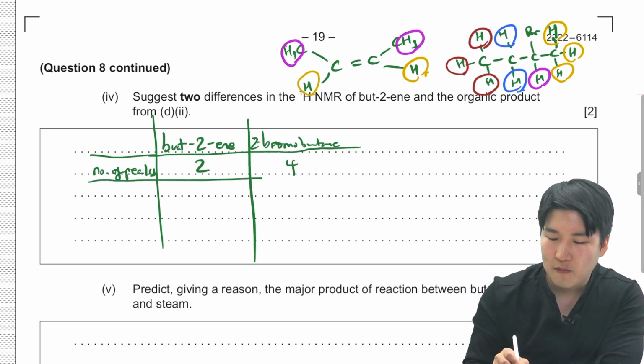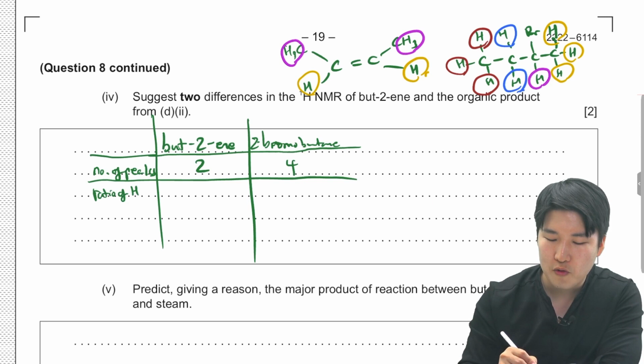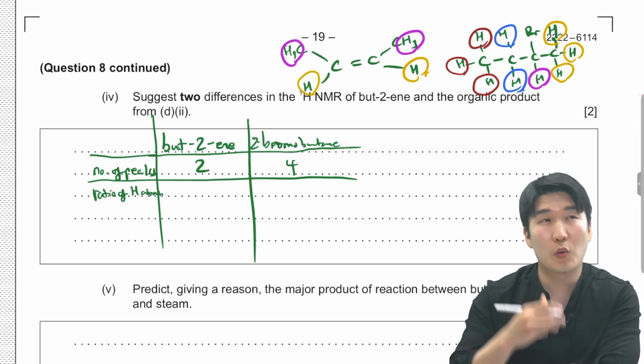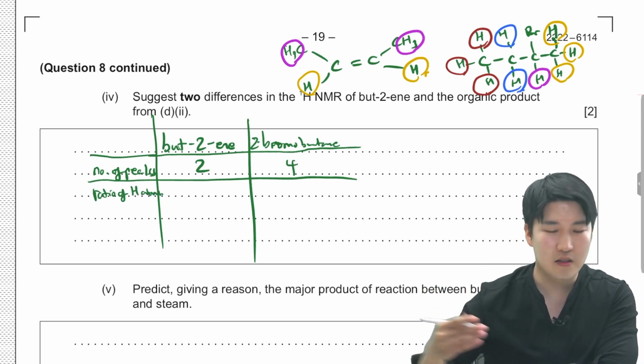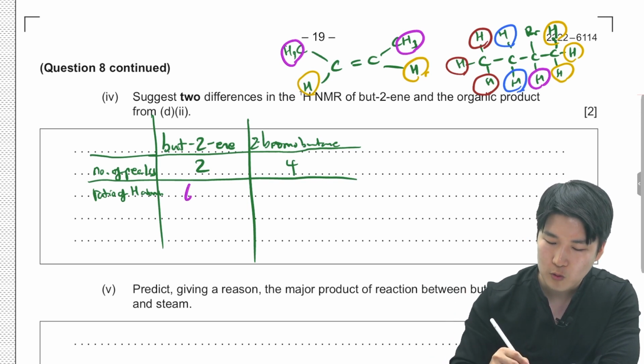There will be further discrepancies of ratio of hydrogen atoms or peak intensities.